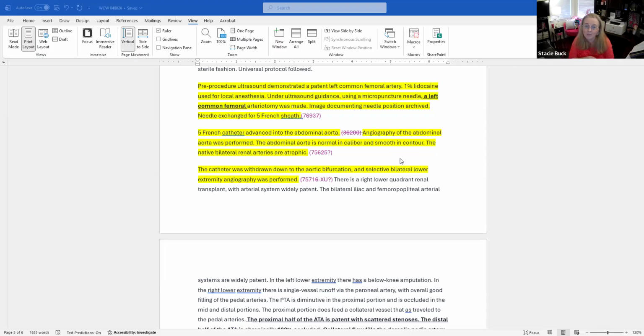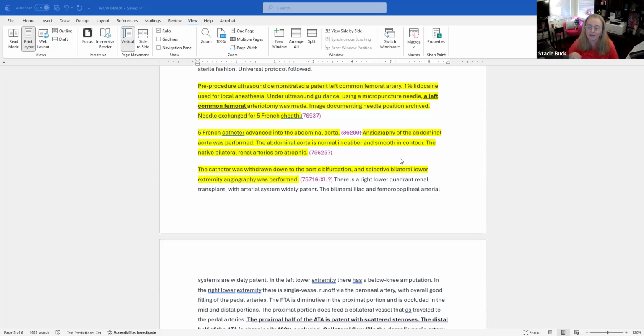But this particular report only mentions the abdominal aorta and the renal arteries. So when I'm performing audits, generally what I do with these is if they've coded them as a 75625, I do not mark it as an error, but I do put in a recommendation for documentation improvement and then give a reminder of all of the components that should be noted in the reports.